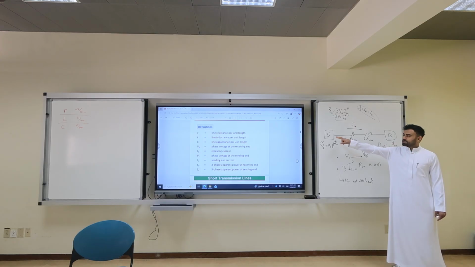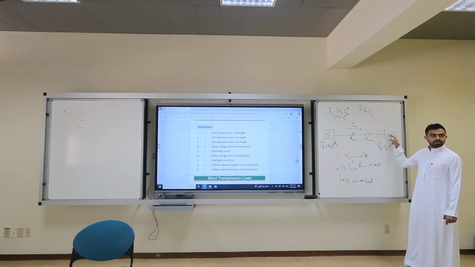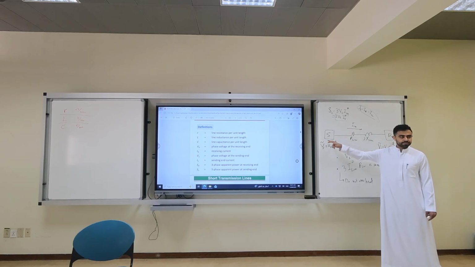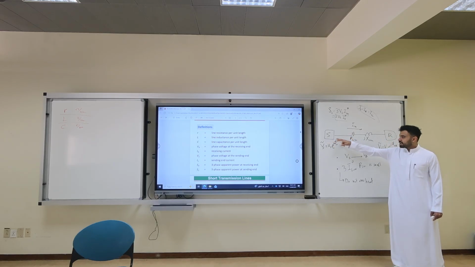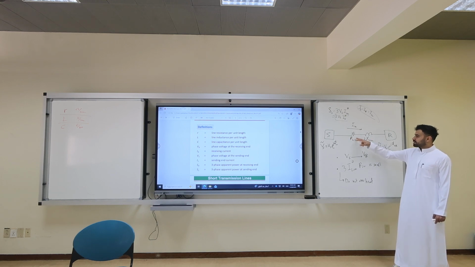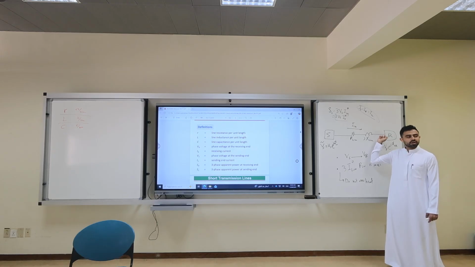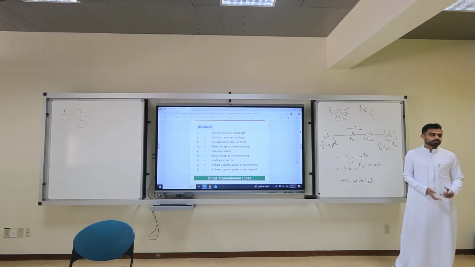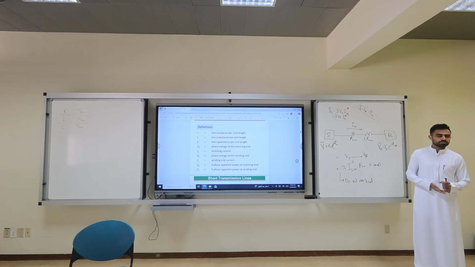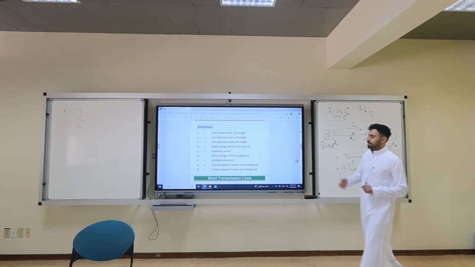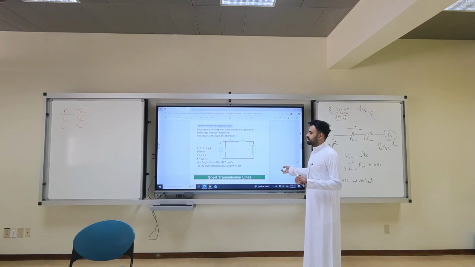The S that moves from here to here does not equal the S that moves from here to here, complex power, because the P that goes here is dissipated through heat. But the Q that goes from here to here is always equal to the Q that goes from here to here. We'll explain it later, not important.